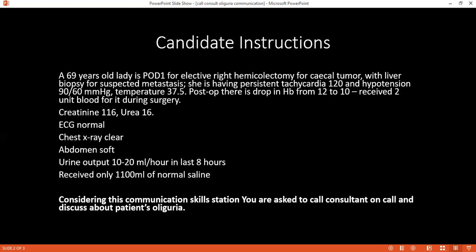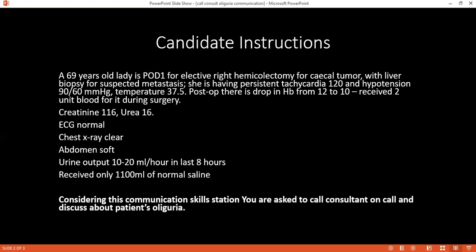Okay, can we summarize what we have been through? Yes. Okay. A 90-year-old female who underwent a right hemicolectomy for a colonic tumor is now hypotensive and tachycardic, her temperature is normal, and her urine output is about 10 to 20 ml per hour.